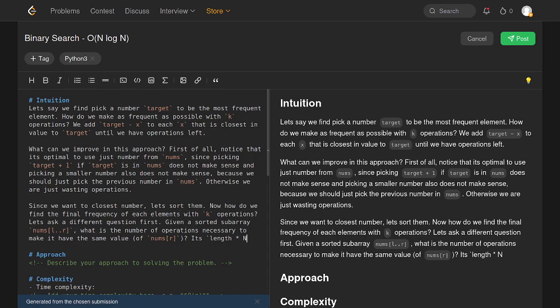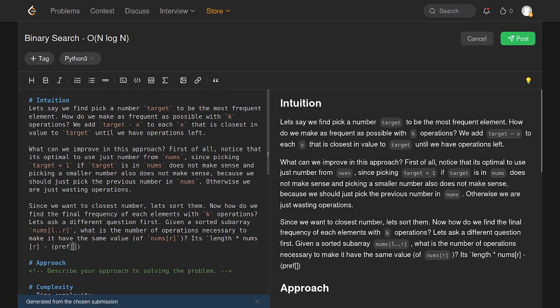Its length times nums[R] minus prefix[R] minus prefix[L minus 1].